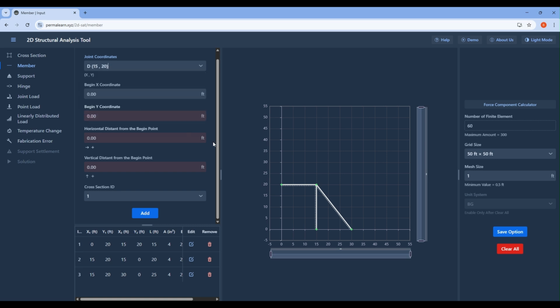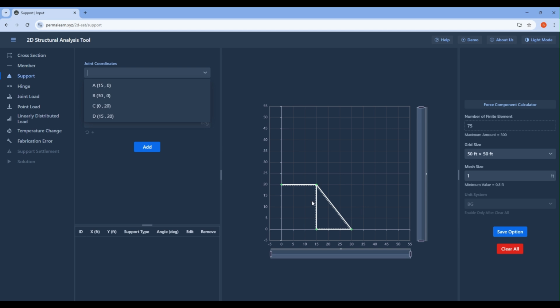And from point B here, it's going to the left -25. Right, and then we need to add support.